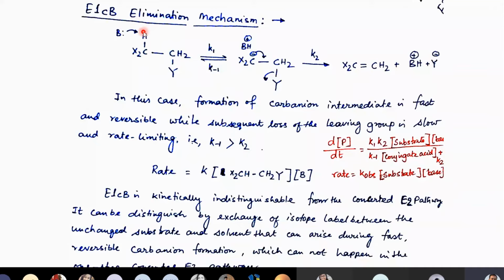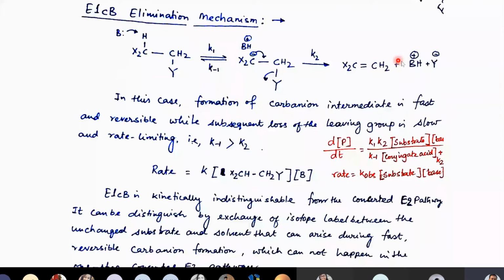So if you quench the reaction after some time, and you find there is deuterium or isotope incorporation in this molecule, that means this reaction is going via the E1CB pathway. But if this reaction goes via the E2 pathway, you will not see deuterium incorporation because E2 is a one-step pathway. There you do not have this step.